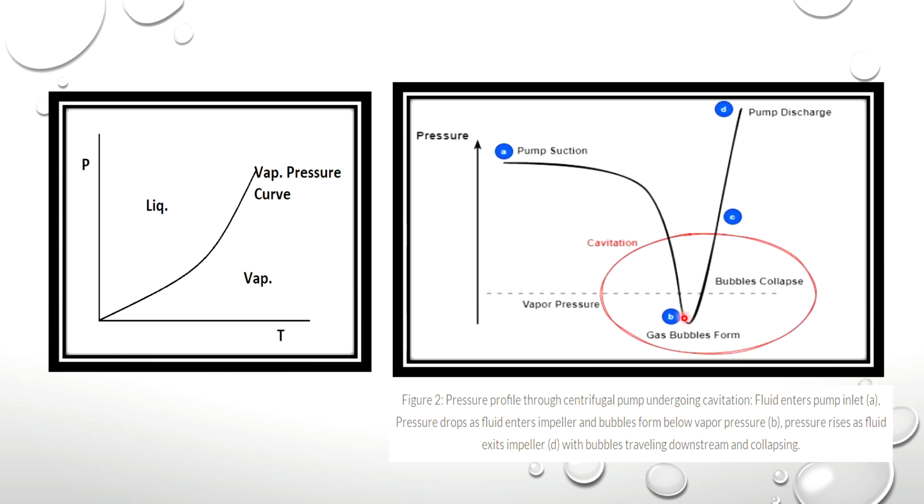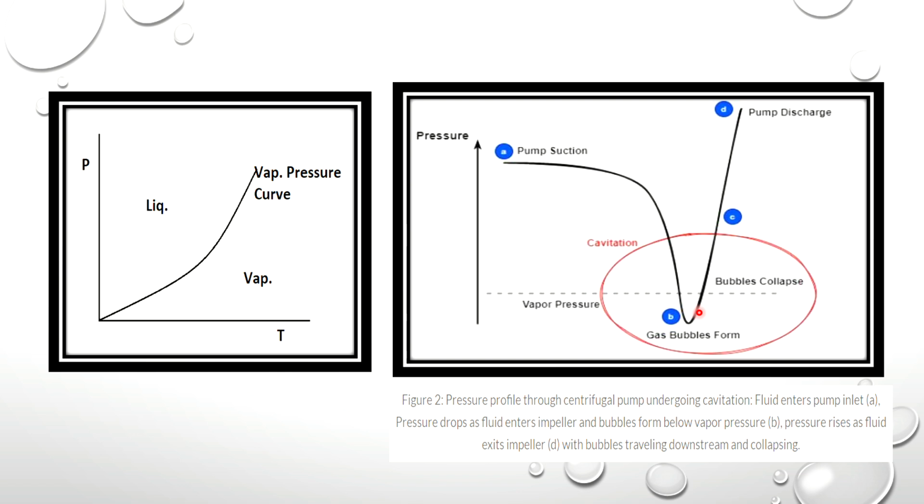Now as the pressure increases from the eye of the impeller to the discharge point, these vapor bubbles will start collapsing. We know that when liquid is converted into vapor bubbles, the volume increases many times. So when the pressure increases and the vapor bubbles collapse and form liquid, it will create a vacuum, because the volume of the vapor bubbles had increased many times.